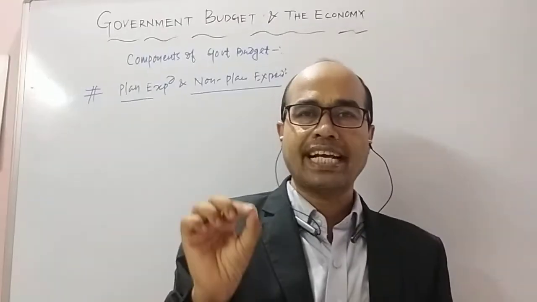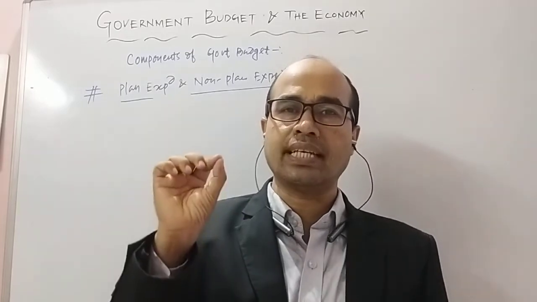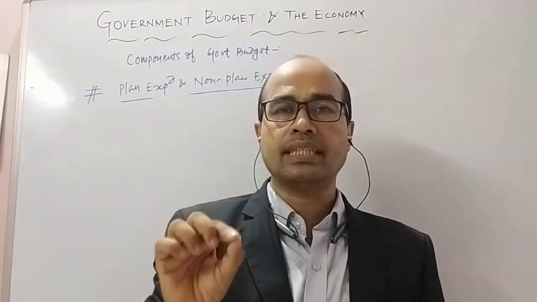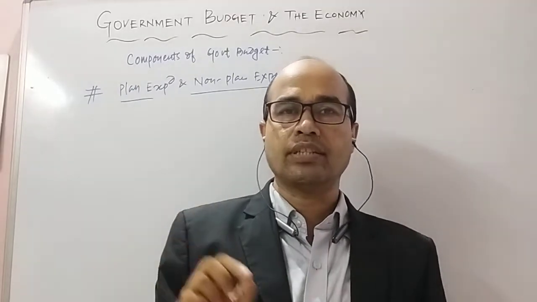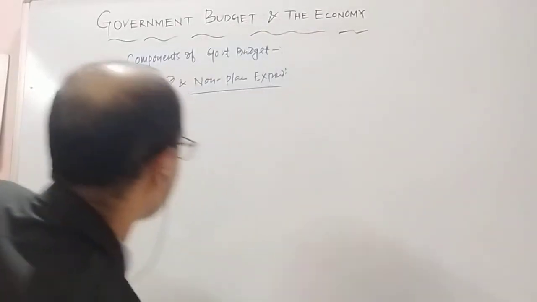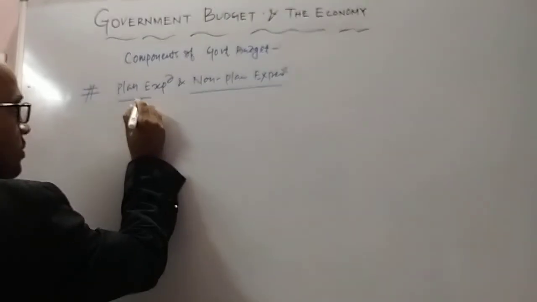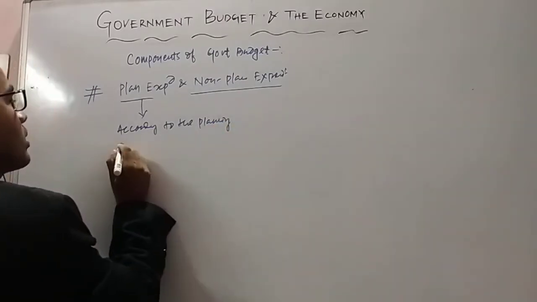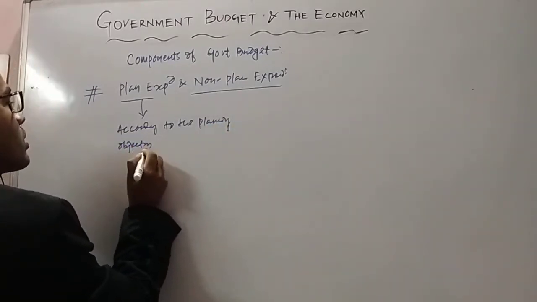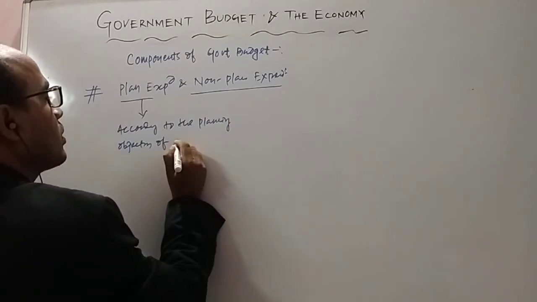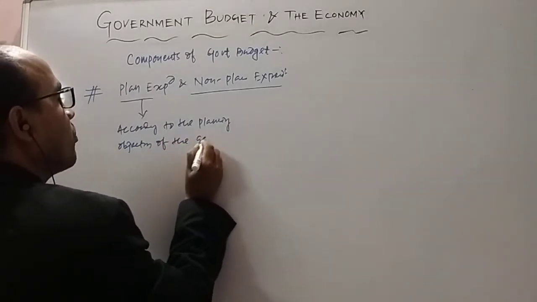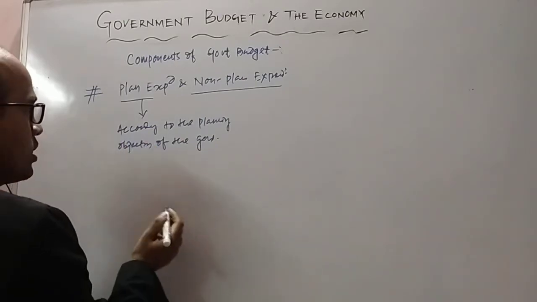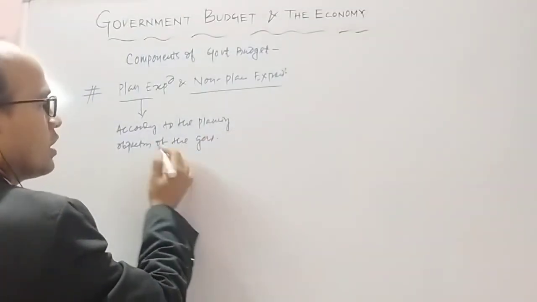Once again, plan expenditure are those expenditures related with the planning objective of the central government. That expenditure is known as plan expenditure. Once again, I will write for you: plan expenditure, according to the planning objectives of the government.